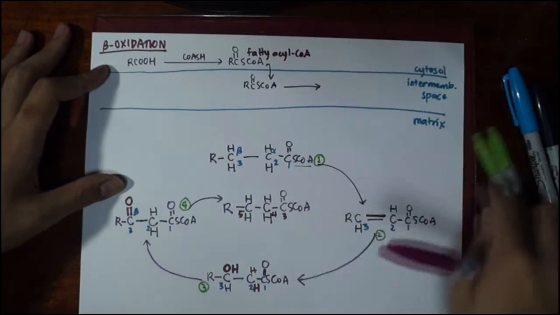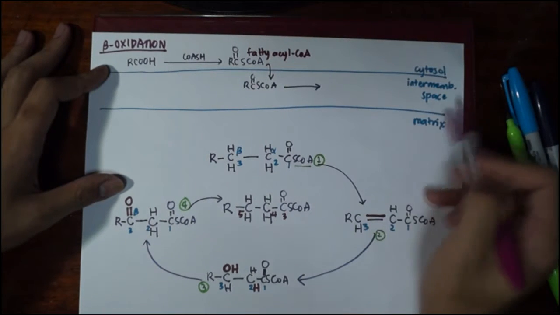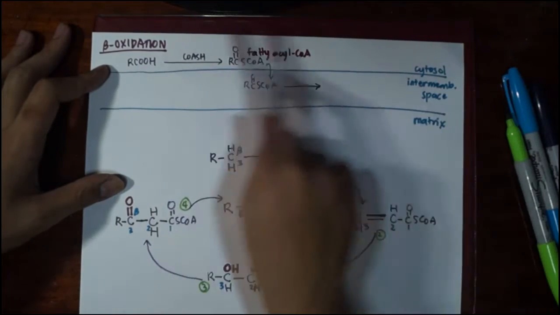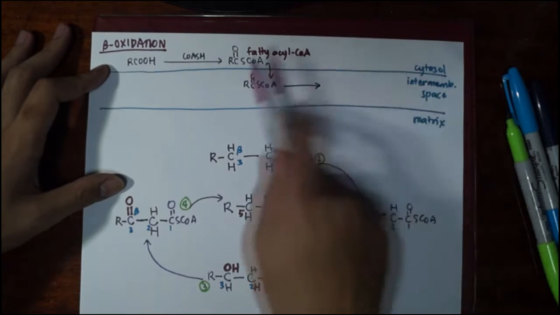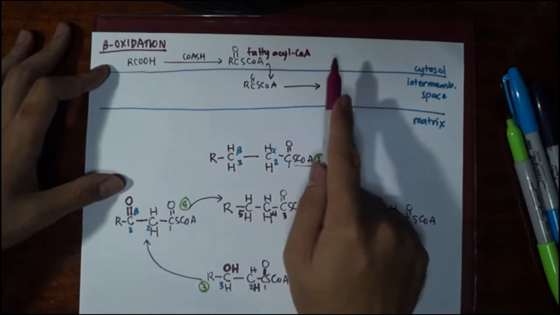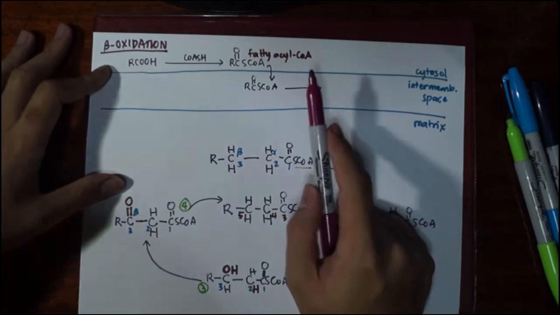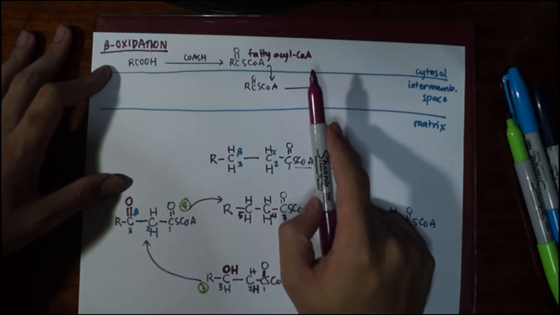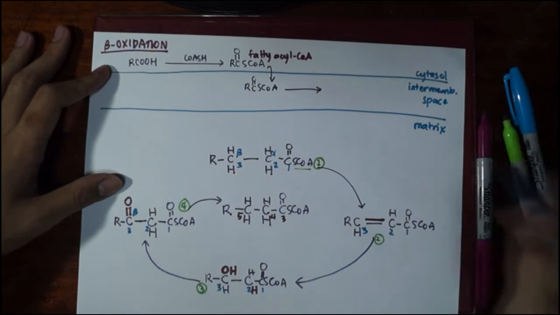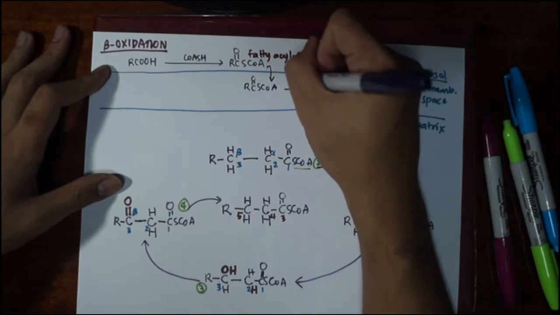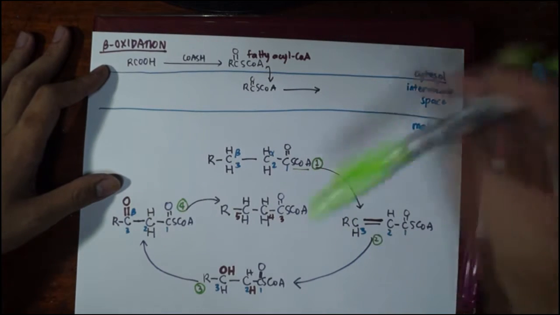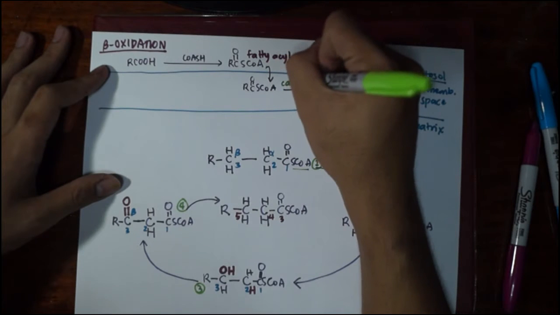This is the form that will be accommodated by the mitochondrion's intermembrane space, because the free fatty acids lie around the cytosol. In order for them to get inside the intermembrane space, they need to be complexed with the coenzyme A. So after that has occurred, we have fatty acyl coenzyme A, and it will now be accommodated by another molecule, and that is carnitine.